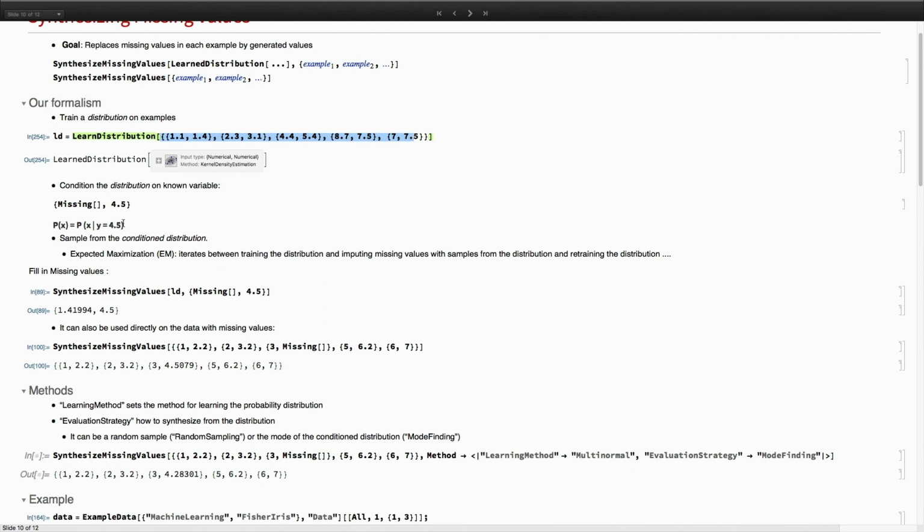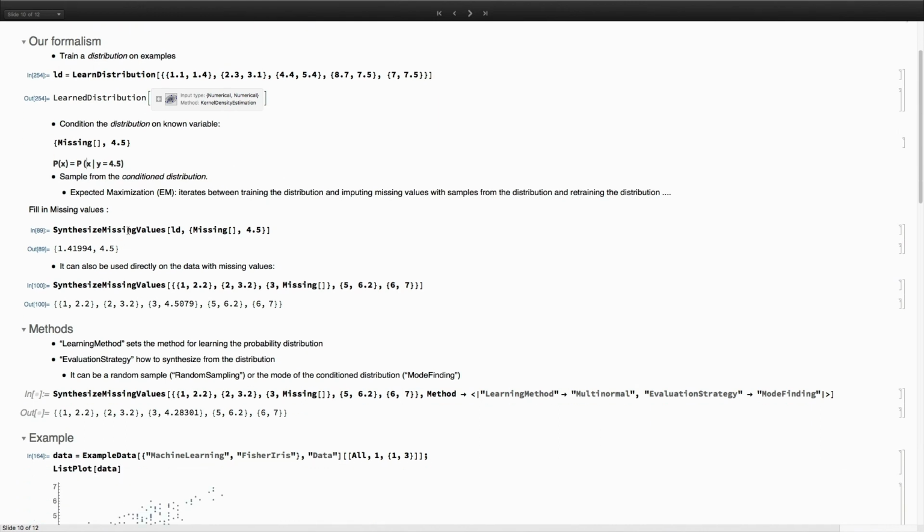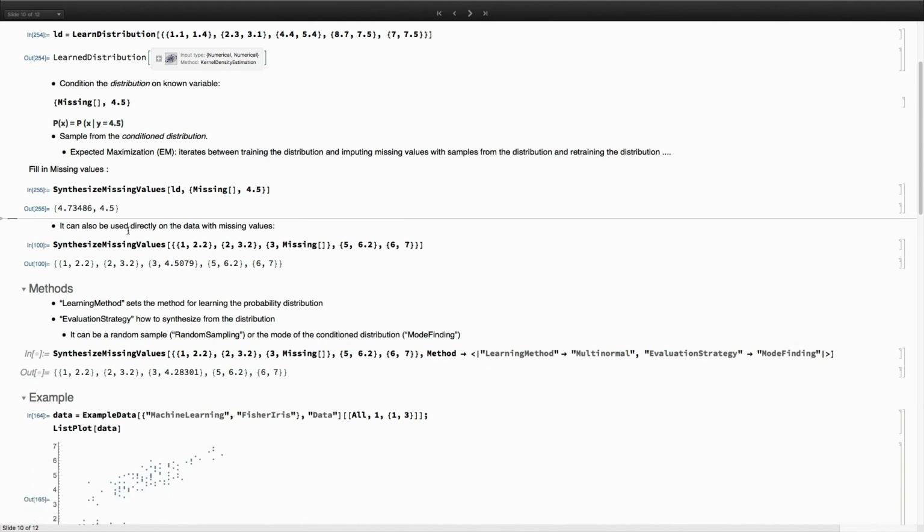You just condition on the known values, which is you condition your distribution on the 4.5 y value, and you draw a sample for x from that conditional distribution. By default, it would just replace the missing value with a new sample.